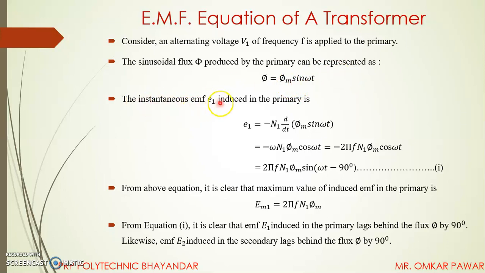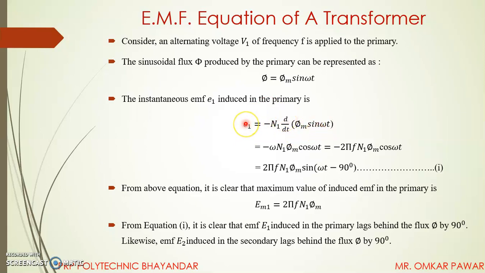The instantaneous EMF is the EMF at a particular instant of time. The instantaneous EMF E1 induced in the primary is E1 equals minus N1 d by dt of phi m sin omega t.